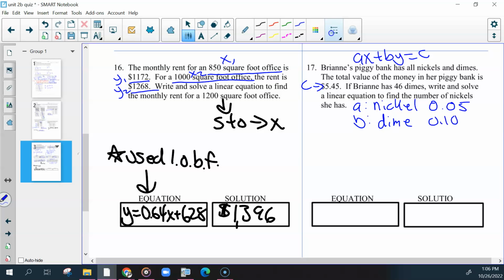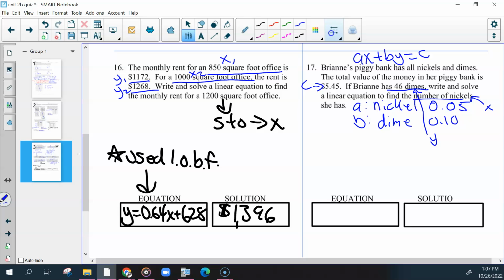So somewhere you would have to write that. Your x and your y would relate to your a and b. So x has to relate to a, y has to relate to b. So x would be something about nickels, the number of nickels. And then y would be your number of dimes. So that would be you defining your variables.